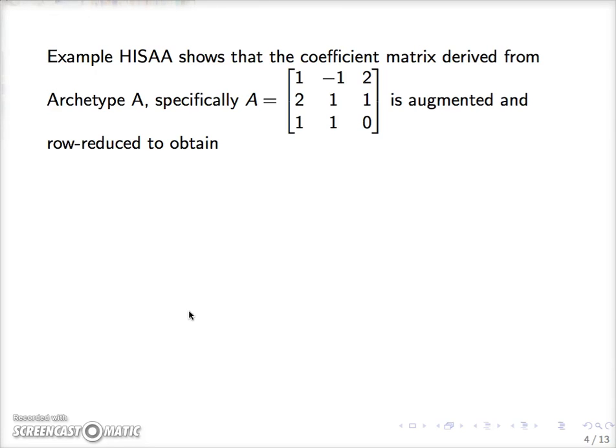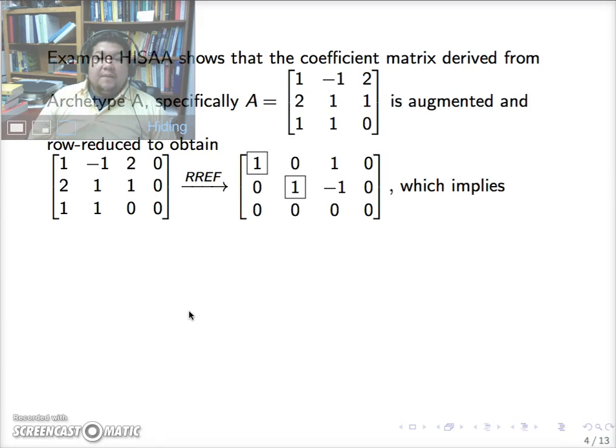In other words, we would augment this matrix with a column of zeros, and we proceed to row reduce the augmented matrix, and so we would obtain the following. This is the RREF of the augmented matrix, with the last column being the column of zeros. And because of this shape, right away, we can draw a conclusion.